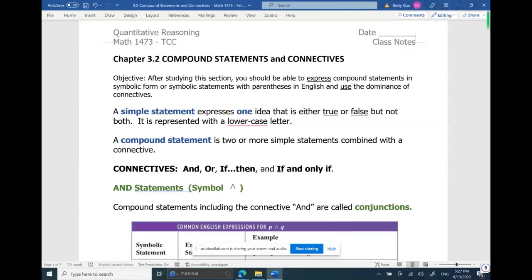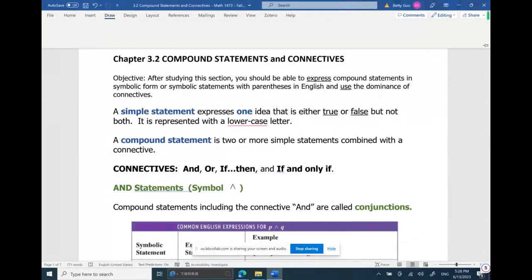That kind of statement is called a compound statement. A compound statement is two or more simple statements combined with a connective. Today our focus is to understand those important logical connectives.